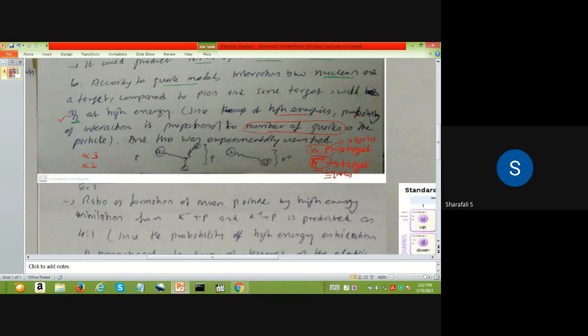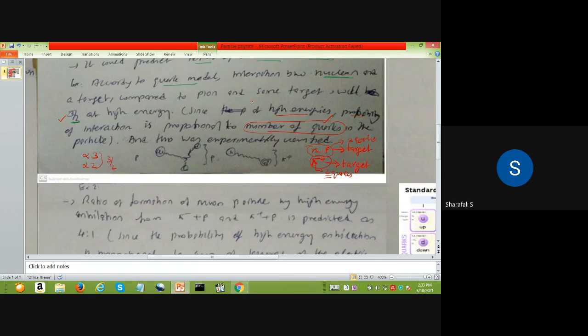So if you take the interaction probability of the neutron or proton with the target, relative to the interaction of the pion with the same target, the ratio between these two is 3/2.